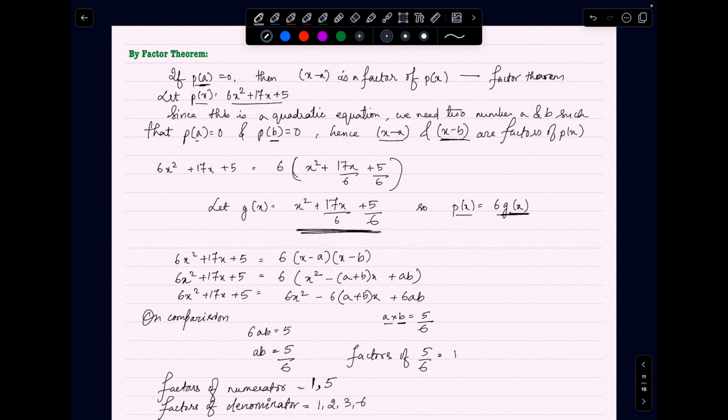So it will be 1 by 1, 1 by 2, 1 by 3, 1 by 6. Then 5 by 1, 5 by 2, 5 by 3 and 5 by 6. These are the factors of 5 by 6. Got my point?